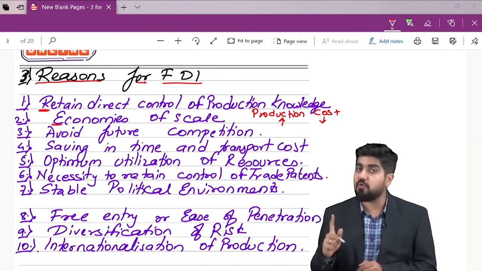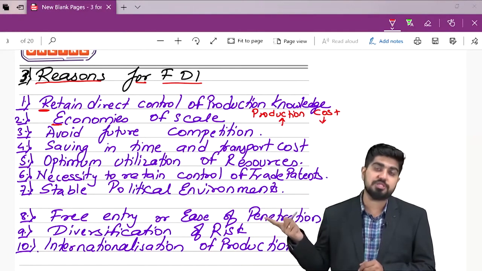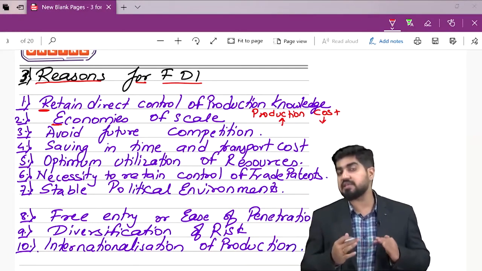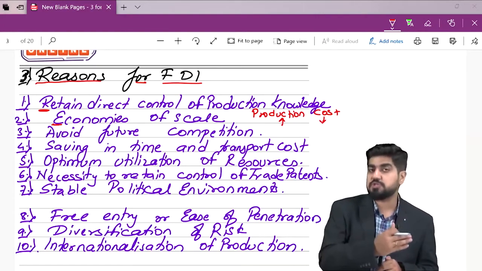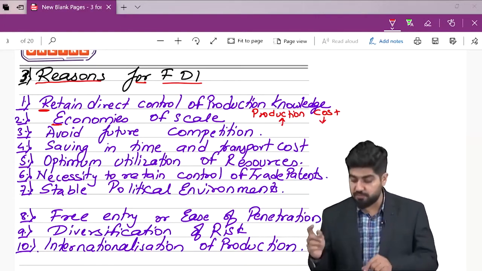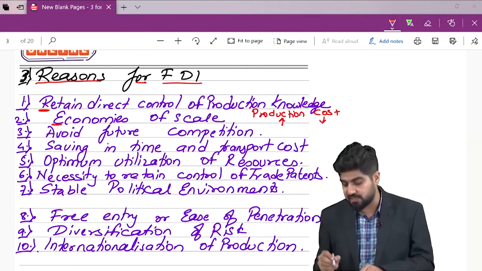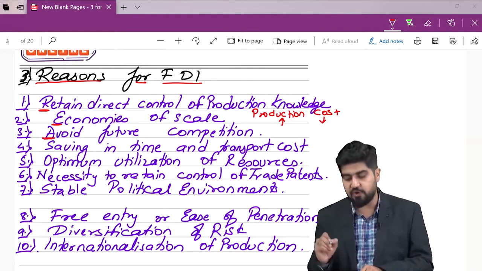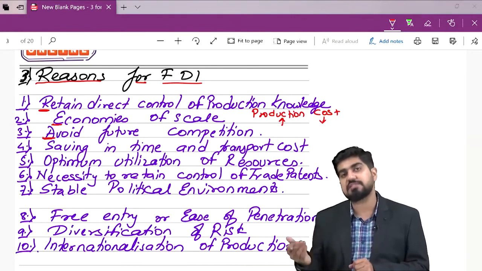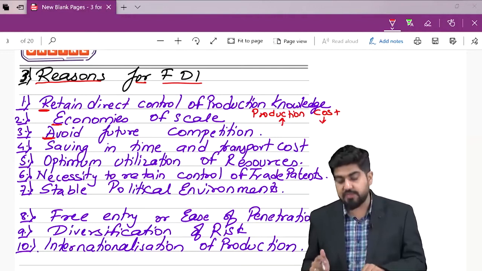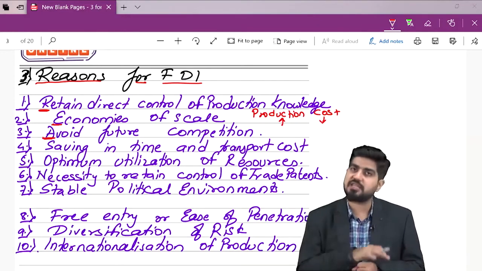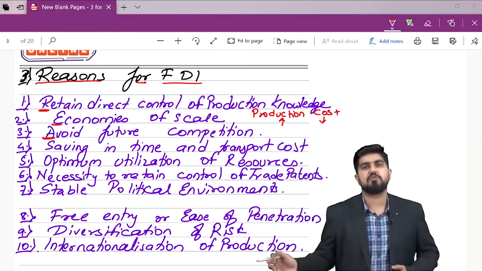So in order to avoid any kind of future competition, right now when the market is giving us the opportunity, we will enter. So if the market is giving us opportunity, in order to avoid the future competition, we will enter into the market. That's one of the reasons for investing in FDI.